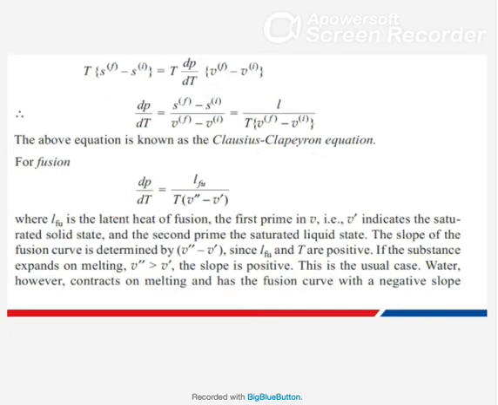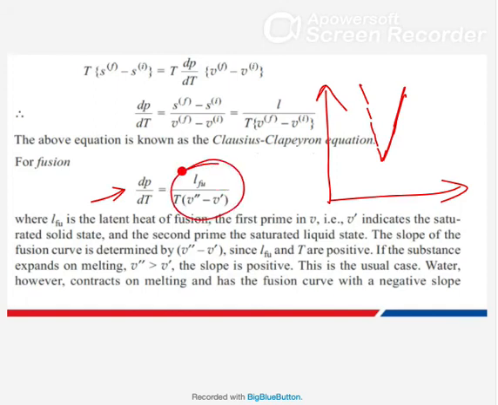Now from here, what conclusion can we draw? You see, for water it had a negative slope, and for other substances it had a positive slope. So this slope dP/dT is indicating the slope only. That means this particular term comes negative for water and positive for other substances.